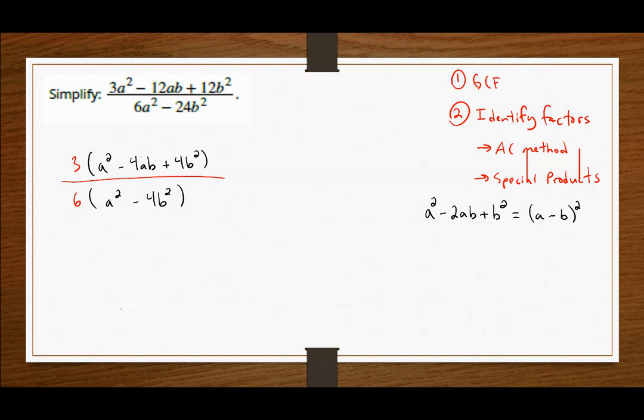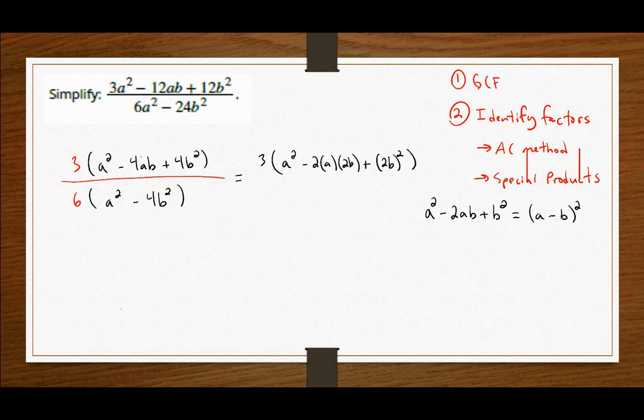Again, it's maybe not obvious that it matches this format, but if you look at our expression, it can be rewritten in the following way. We could have it as a squared minus 2 times a times 2b plus 2b squared, like this.